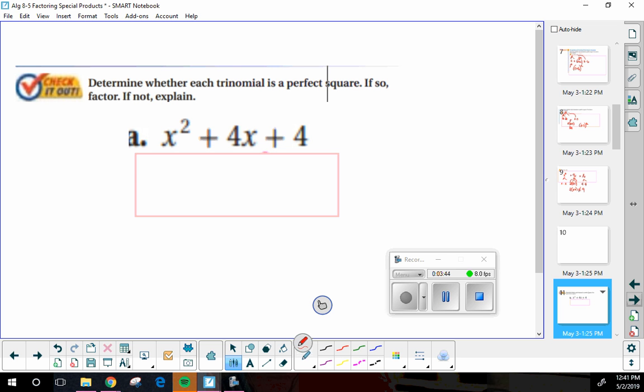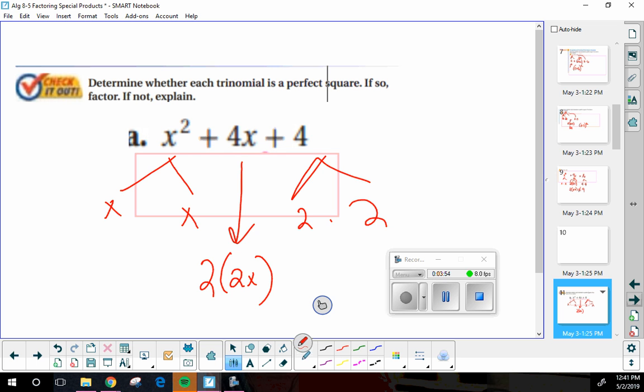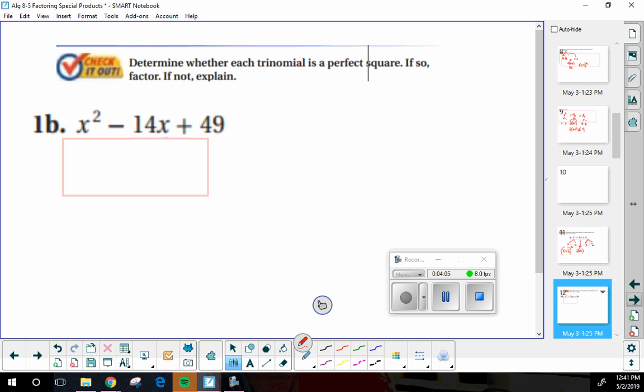All right, so we're going to determine whether or not this trinomial is a perfect square. Let's see. This is x times x. That is 2 times 2. And that is 2 times 2x. So this factored out is (x + 2) squared. All right, let's try this one.